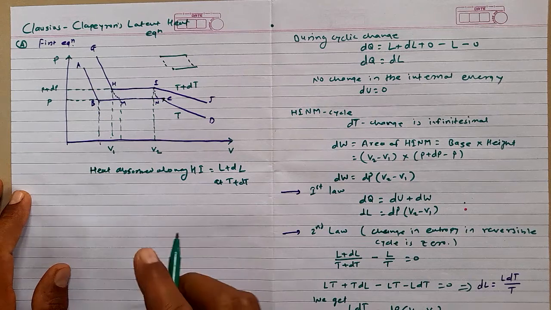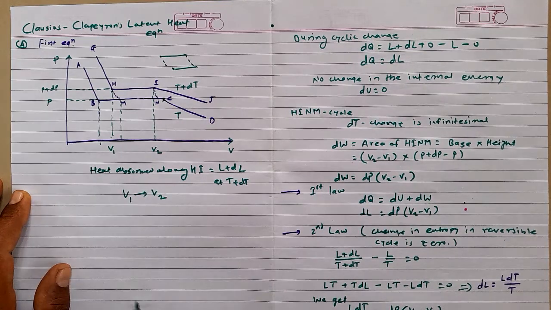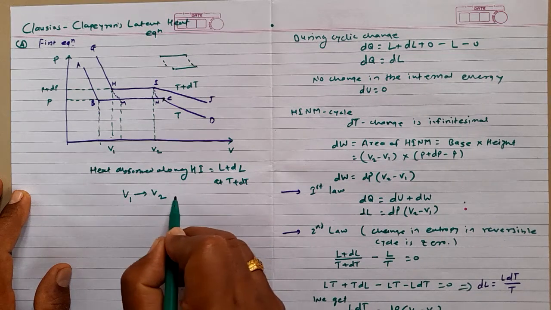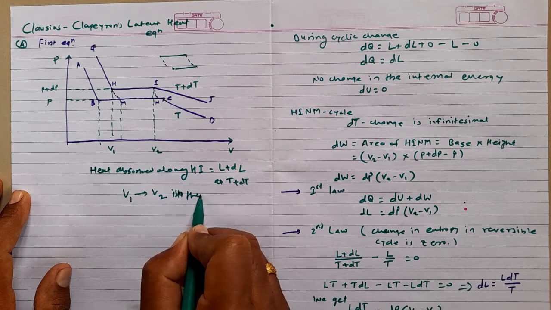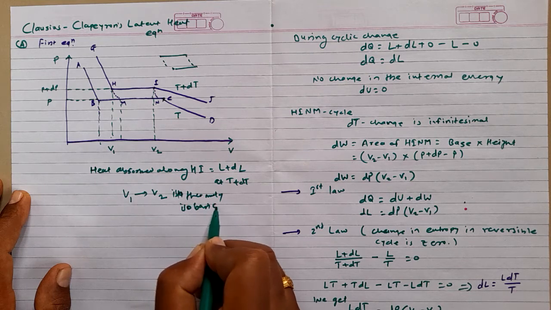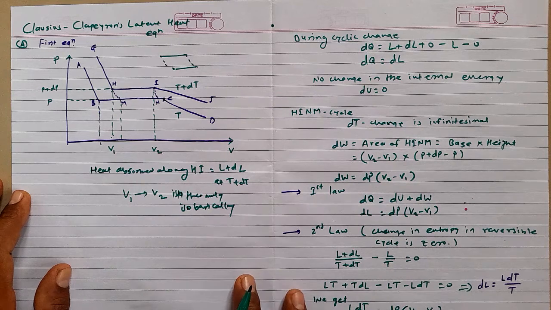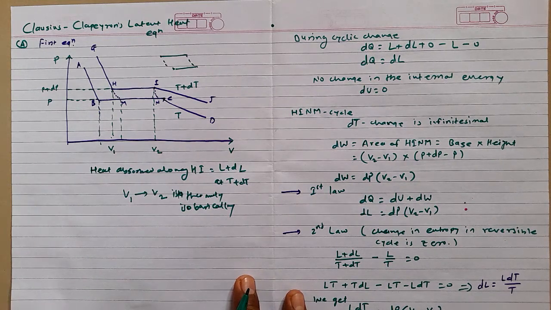So its volume increases from V1 to V2 isothermally and isobarically, that is at constant pressure and constant temperature.